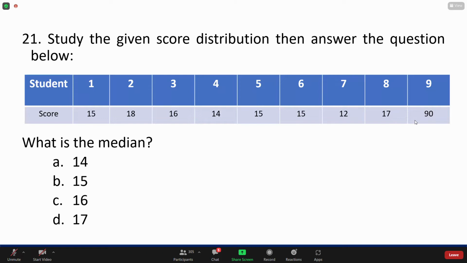Next, 21. Study the given score distribution, then answer the question below. What is the median? A, 14. B, 15. C, 16. D, 17.